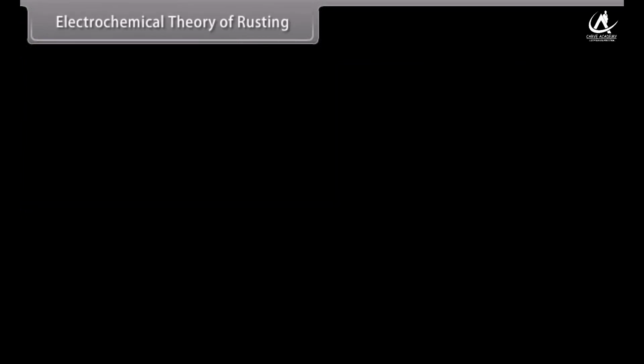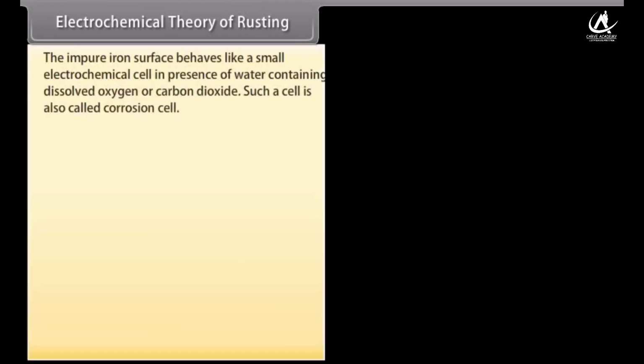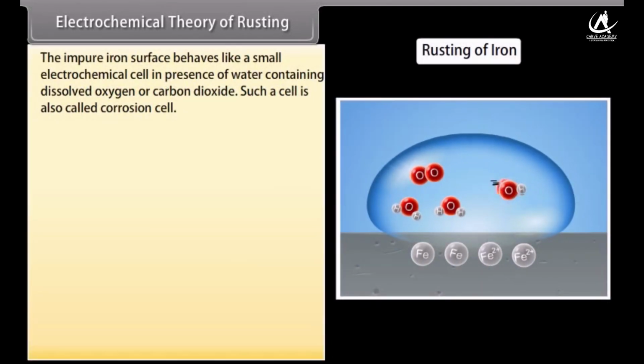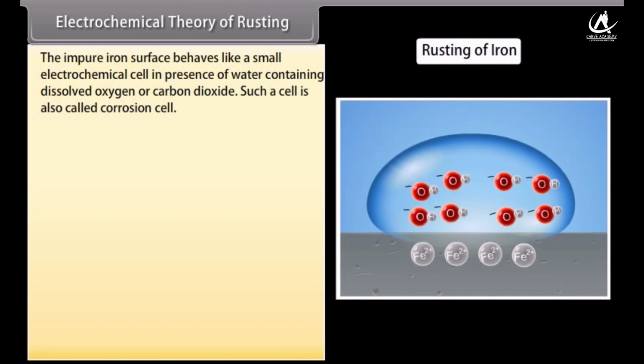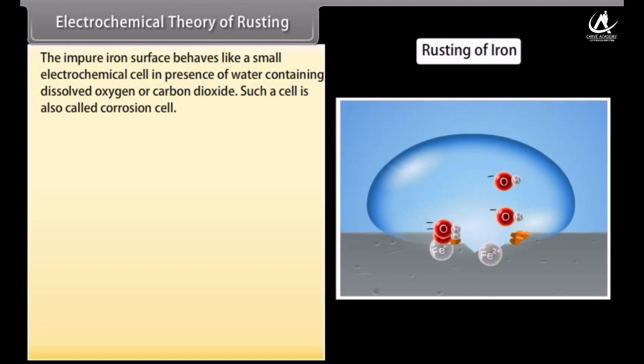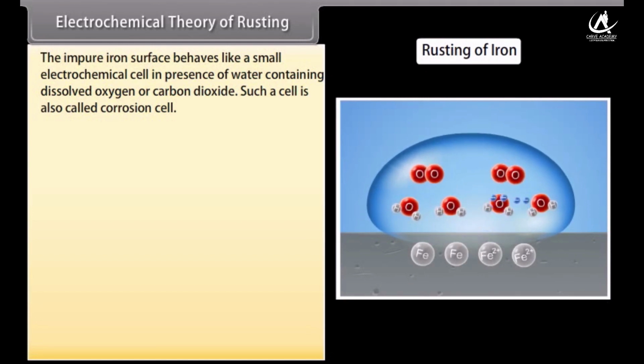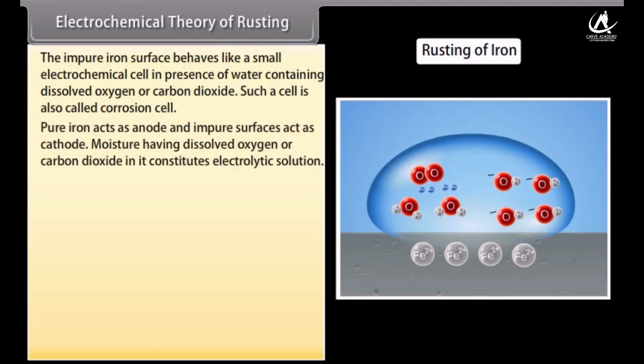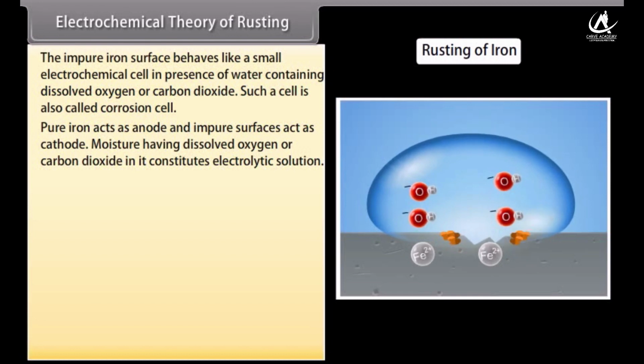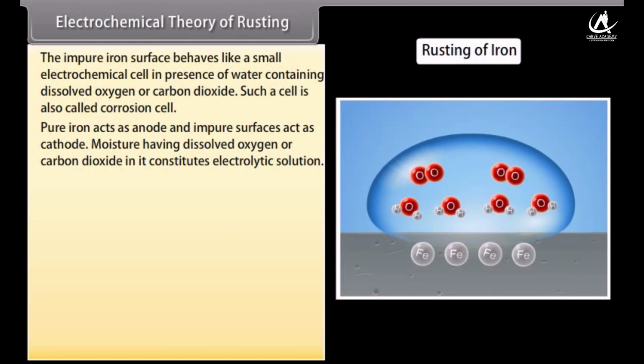Electrochemical theory of rusting. According to this theory, the impure iron surface behaves like a small electrochemical cell in the presence of water containing dissolved oxygen or carbon dioxide. Such a cell is also called a corrosion cell. Pure iron acts as the anode and impure surfaces act as the cathode. Moisture having dissolved oxygen or carbon dioxide in it constitutes the electrolytic solution.